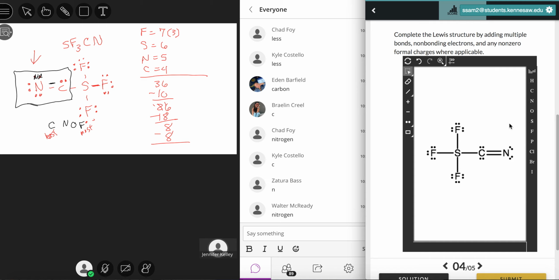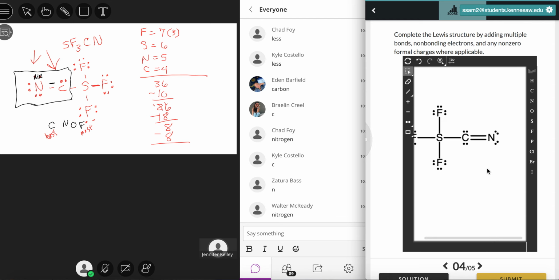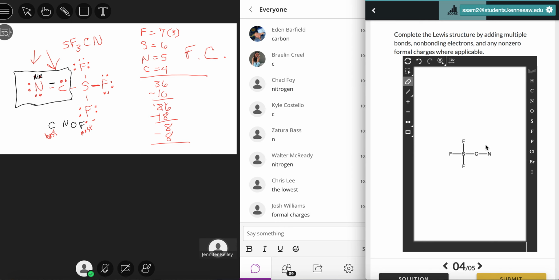What would tell me for sure if it was this structure here, or if it was a different structure? So formal charges.